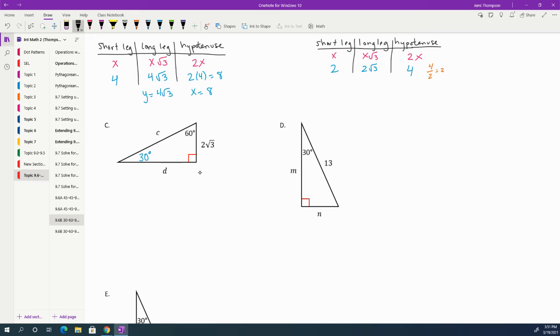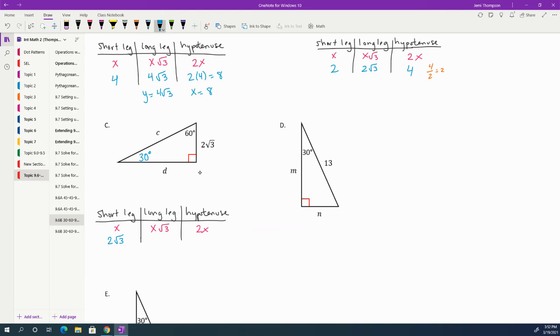Let's use the table here first. I'm given the short leg, which is 2 square root of 3.